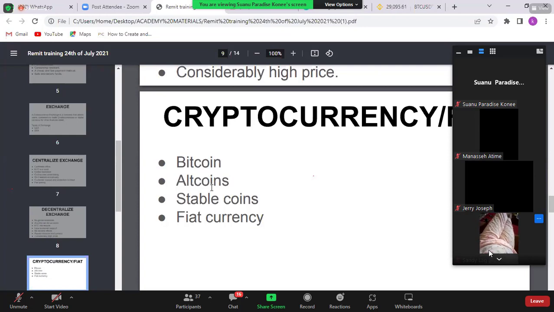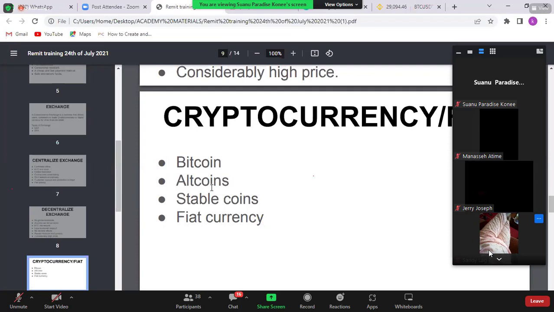So, in order to lock your profit, let's assume you have entered into a trade and made money. How do you lock your profit? It is to come into stablecoins. When you hold your money in stablecoins, you have locked in your profit, and your money will be stable.